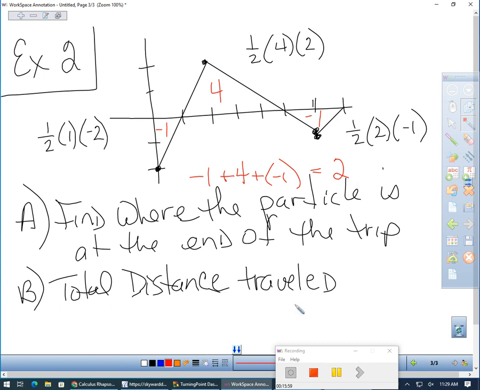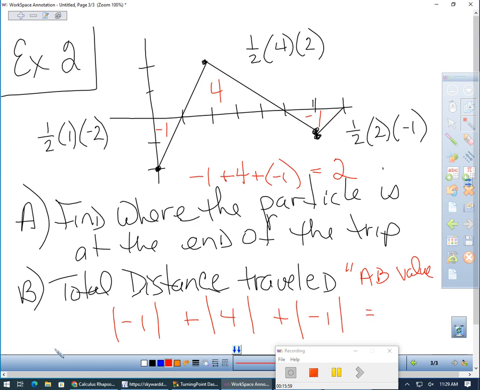And then when I talk about the total distance, we have to take the absolute value of each section. So we're taking the absolute value of our first triangle plus the absolute value of our second triangle plus the absolute value of our third triangle.